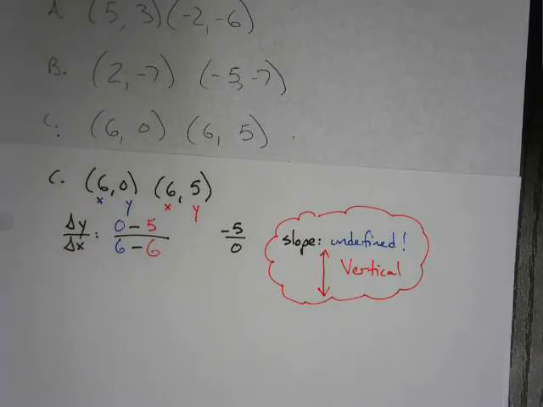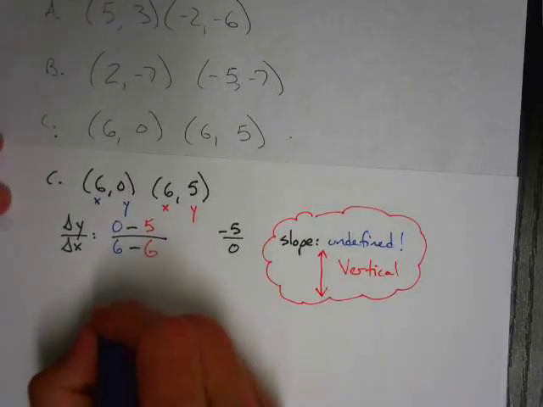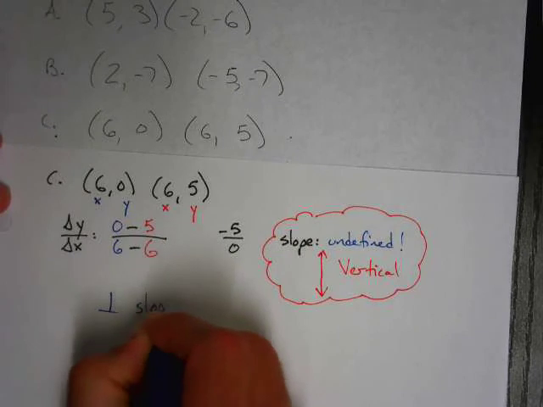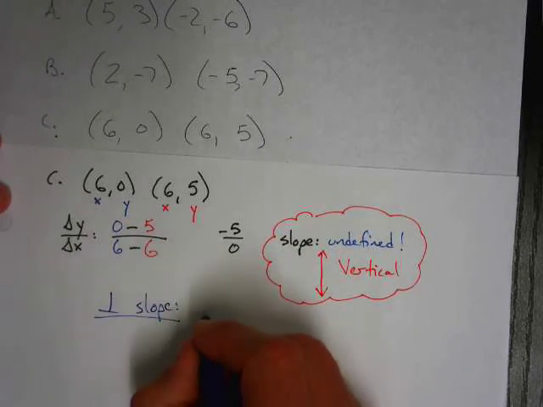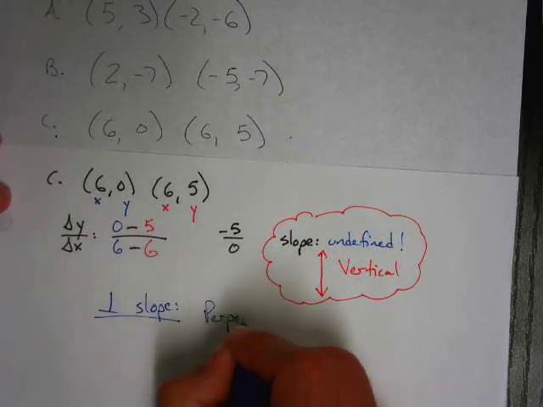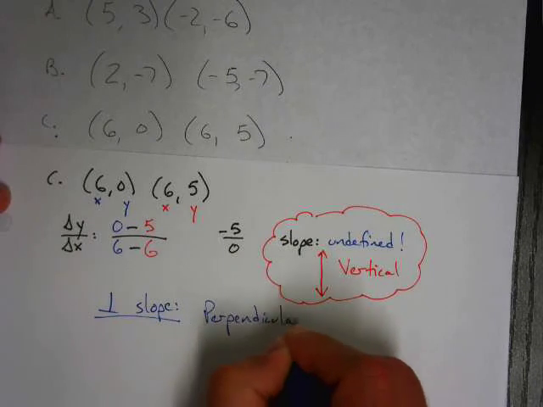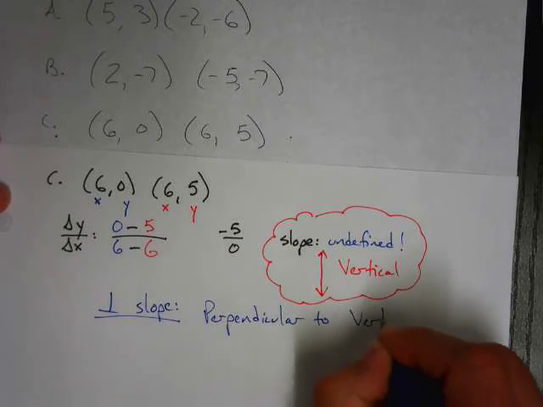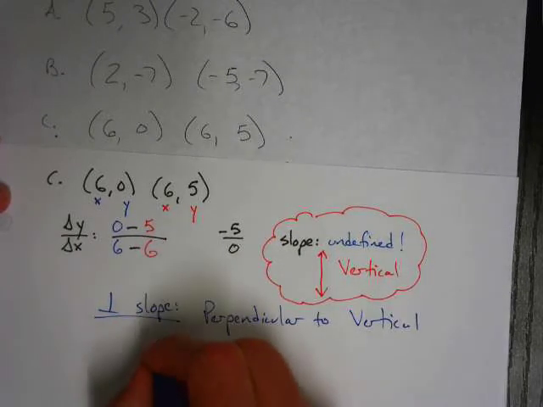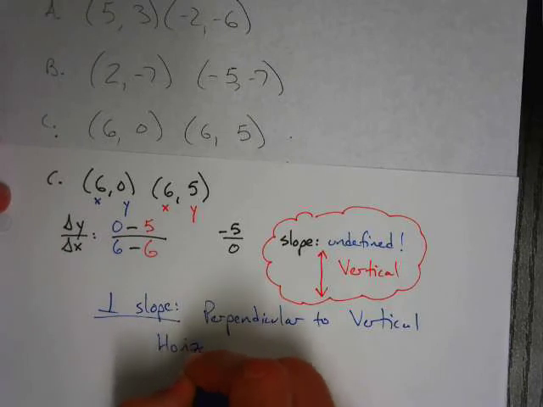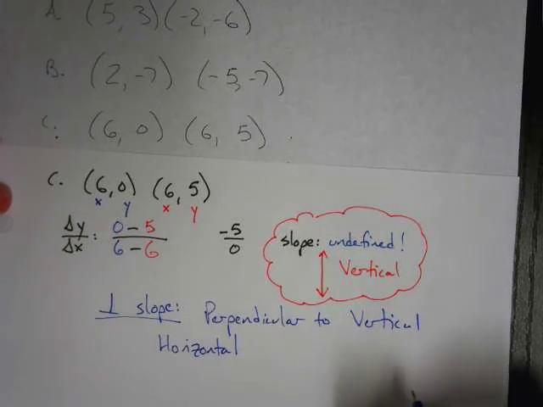But what about what's perpendicular to it? So now we got to figure out, well, what's perpendicular to that? Perpendicular to vertical happens to be horizontal, right? And what's the slope of any horizontal line? Well, 0, isn't it?